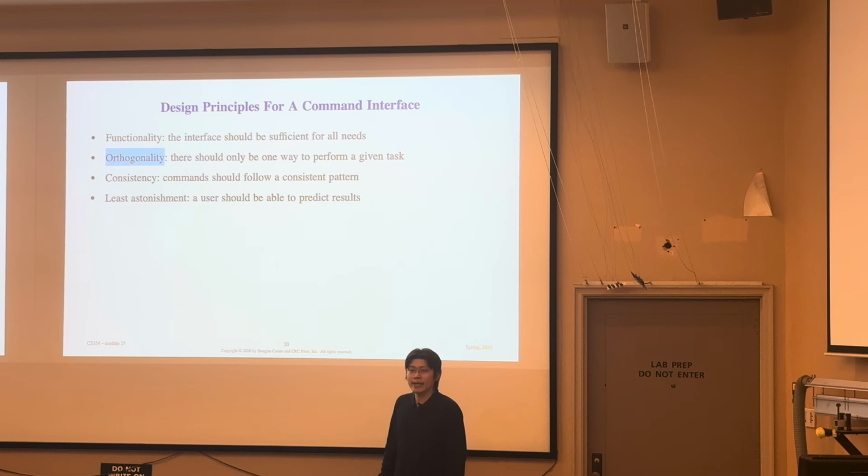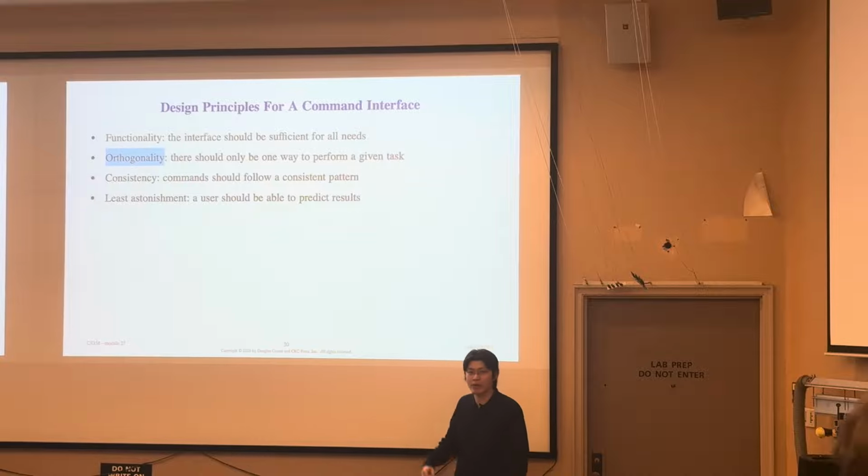Do you know there actually exists a language that violates this orthogonality? In the design philosophy of that language, it intentionally violates this, and it allows there to exist multiple different ways to achieve the same functionality.